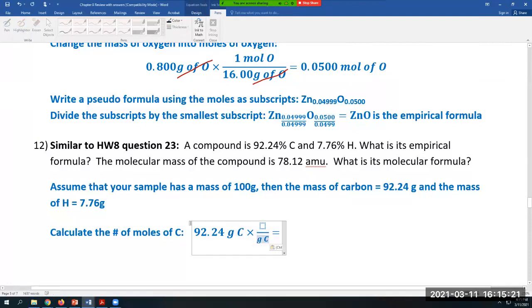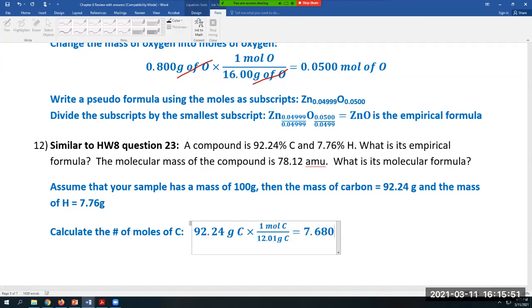The grams of carbon we said was 12.01 grams for 1 mole of carbon, so you want the 1 mole of C on the numerator here. This way the grams of carbon cancel. And so it comes down to dividing 92.24 divided by 12.01.